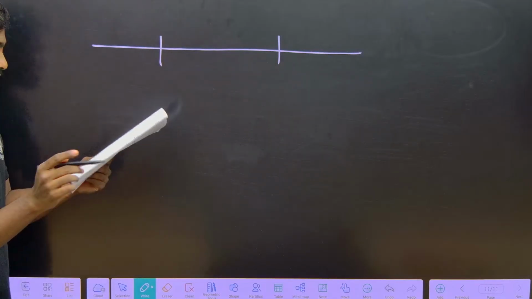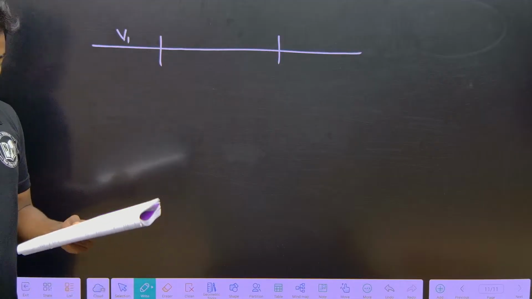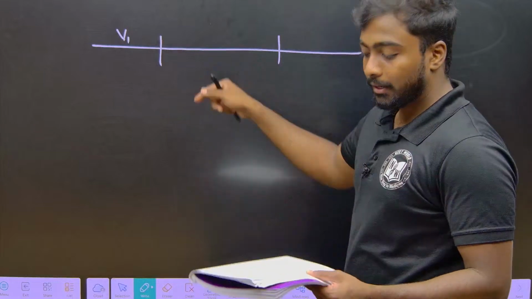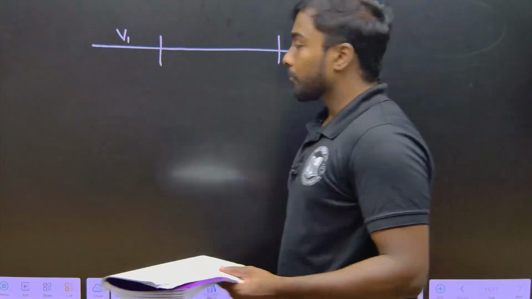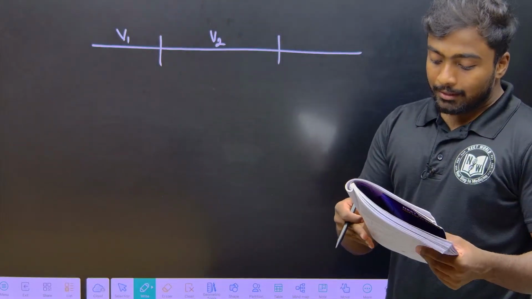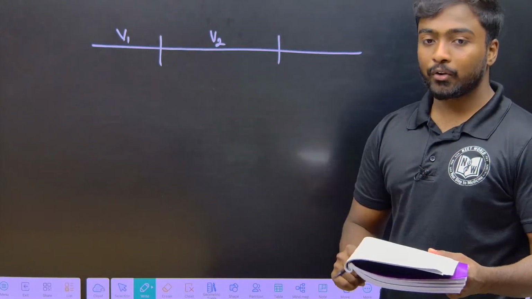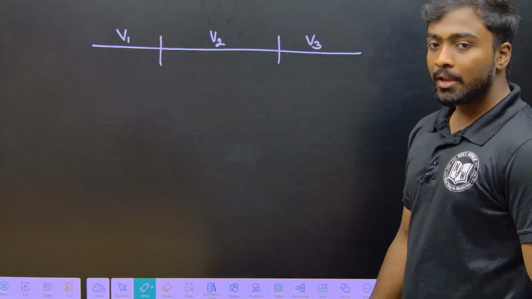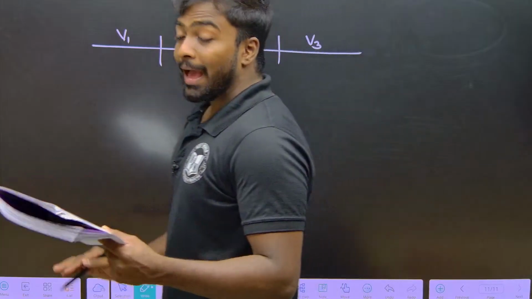The second 1/3, the second part, with v2 velocity, and the last 1/3 with v3 velocity. Now I need to find the average velocity.